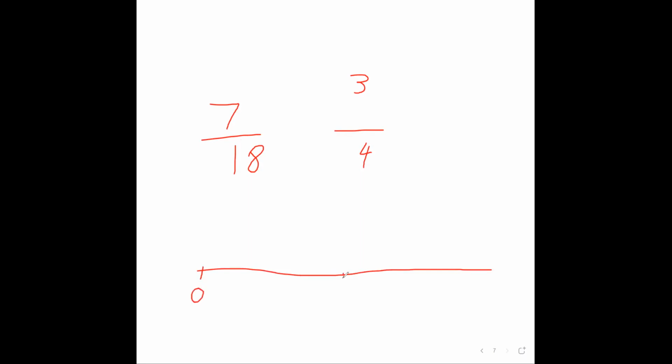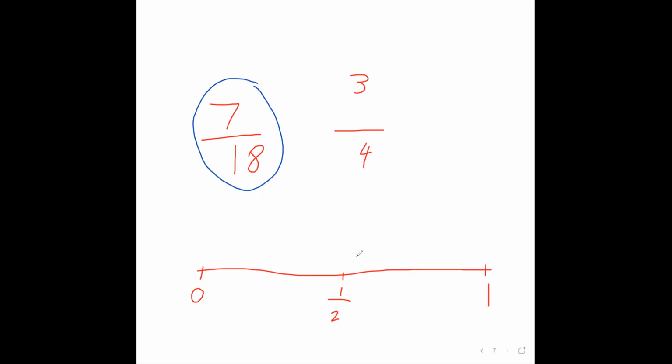Let's have a look and check. For example, you have this fraction, 7/18 and 3/4. Can you compare? Bravo. Number line, 0, the half, the 1. Check the first fraction alone. 7/18.